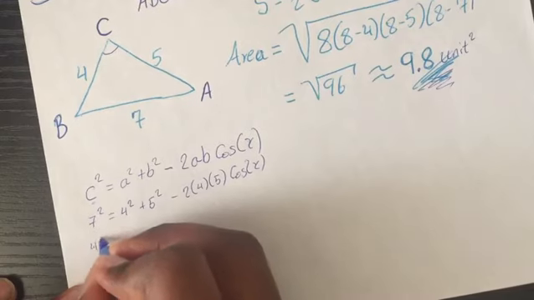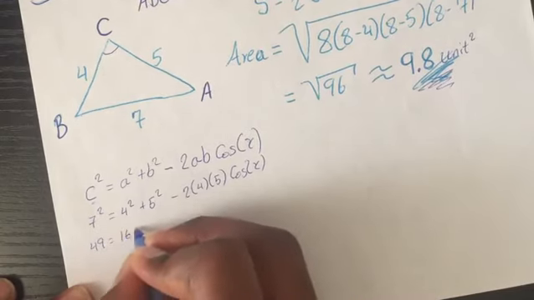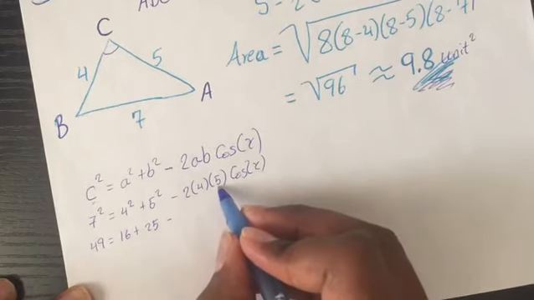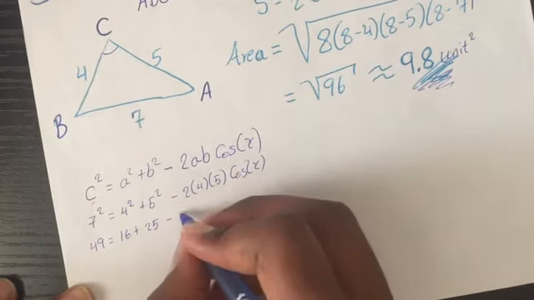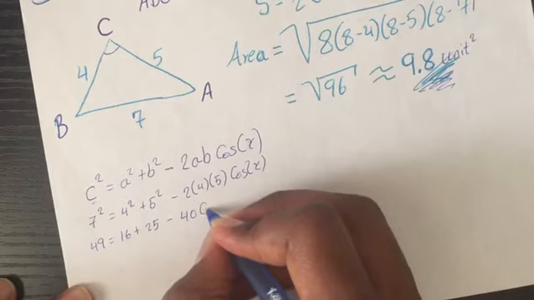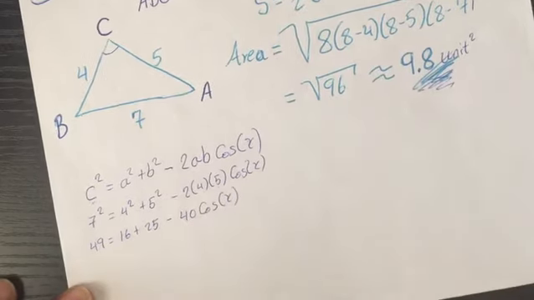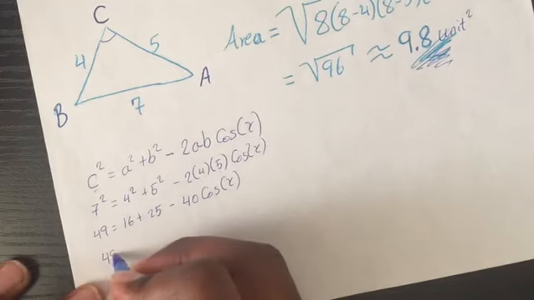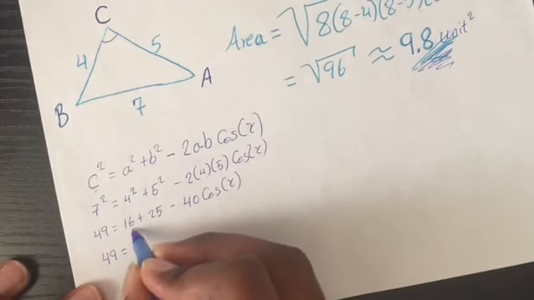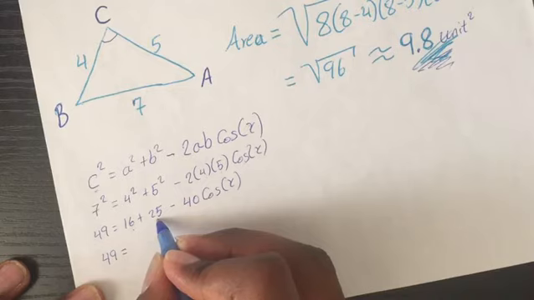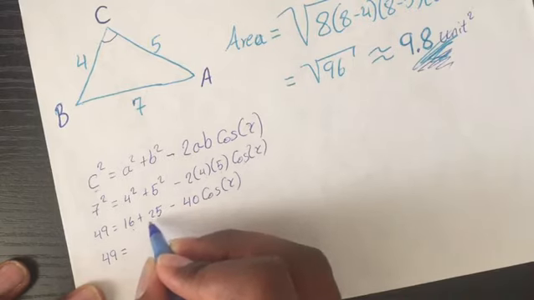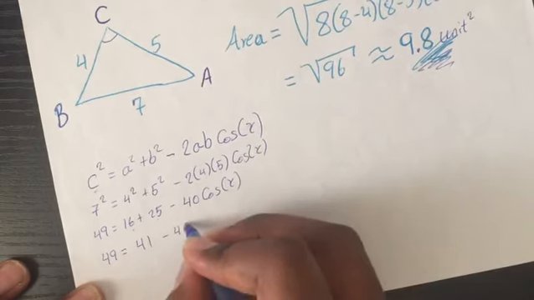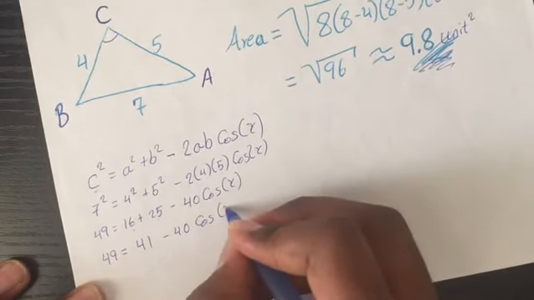And then if I continue here, I get 49 equals 16 plus 25 minus 4 times 5 is 20 times 2 is 40, and then times the cosine of gamma. That would be 49 equals 16 plus 25, which is 41, minus 40 cosine of gamma.